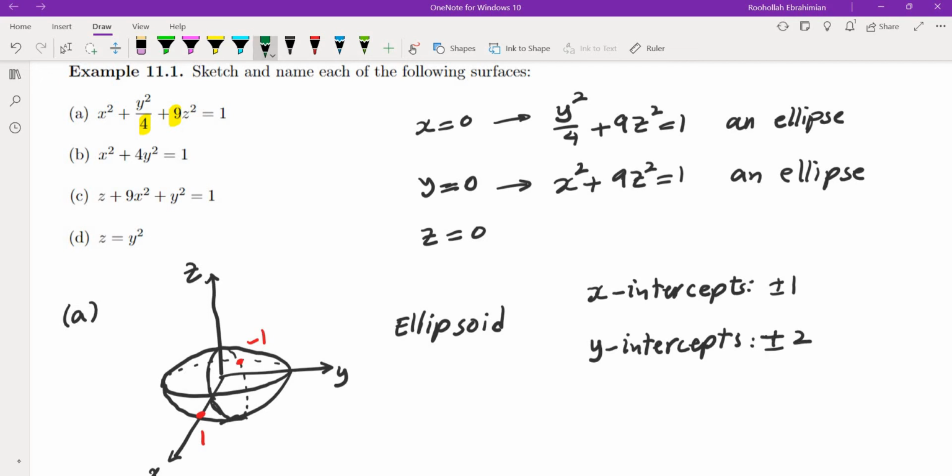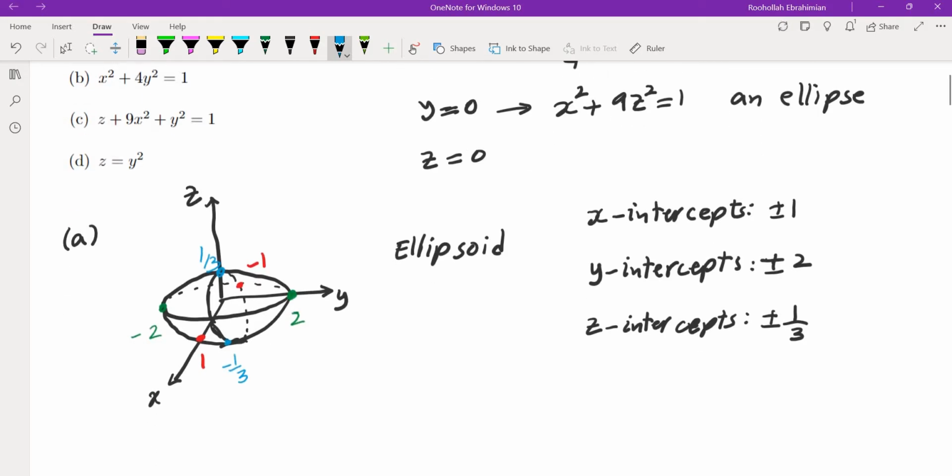So the intersections here and here are going to be plus 2 and minus 2. And if we look at the z-intercepts, we would have to set x and y equal to 0, and z becomes plus or minus 1/3. So the bottom and top are going to be 1/3 and negative 1/3. So this is called an ellipsoid. Okay, let's look at the next one.